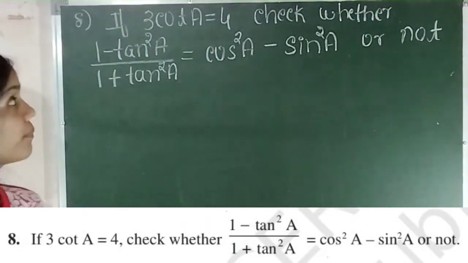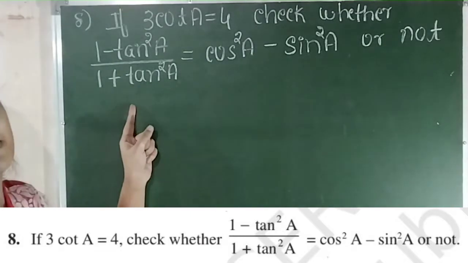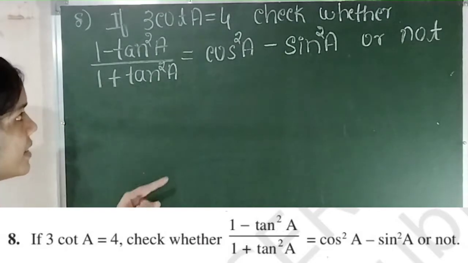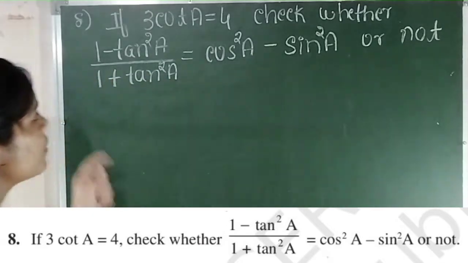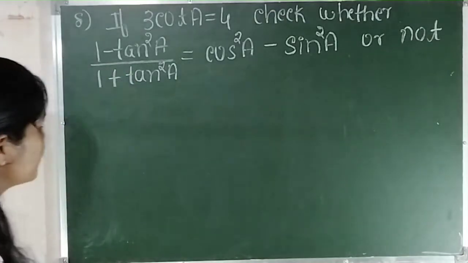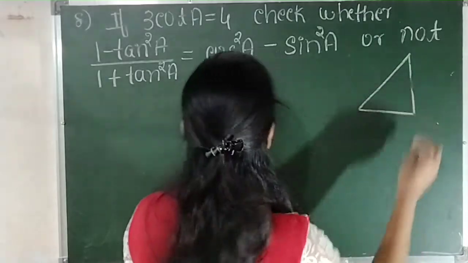Question number 8. If 3 cot A is equal to 4, check whether 1 minus tan square A divided by 1 plus tan square A is equal to cos square A minus sin square A or not. So you have to check whether this equation is right or wrong. So first let us draw a right angle triangle ABC.